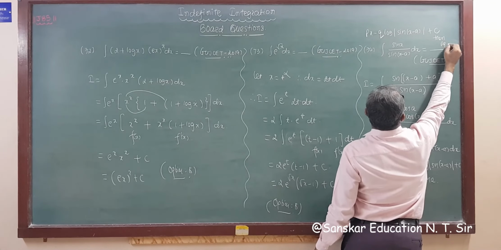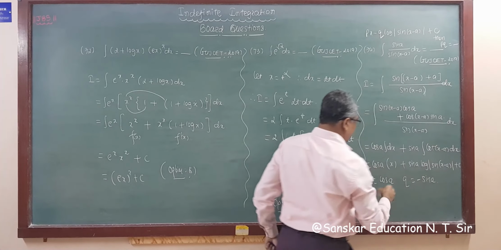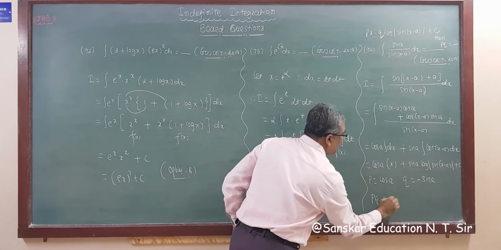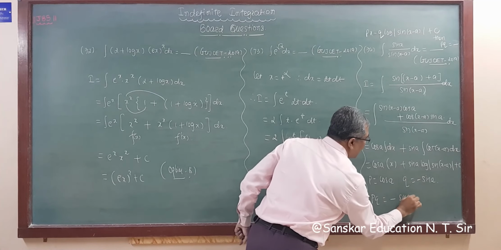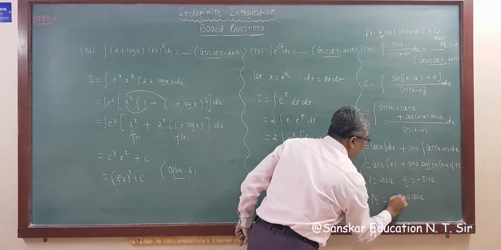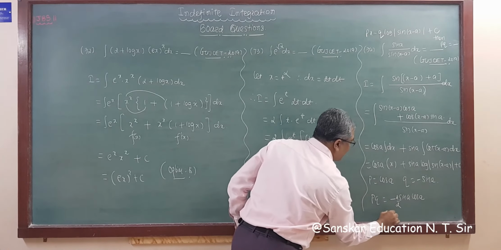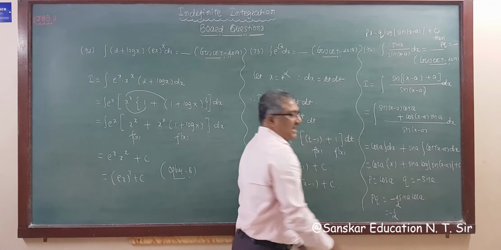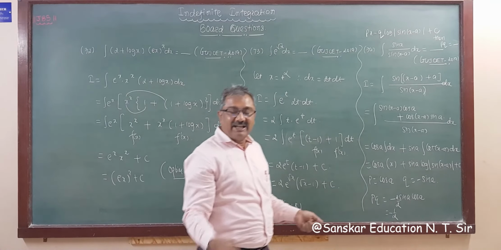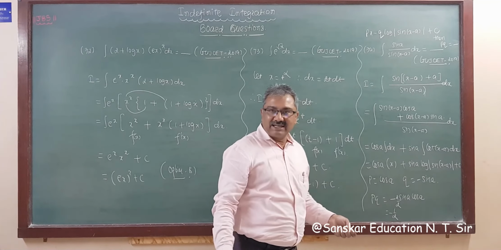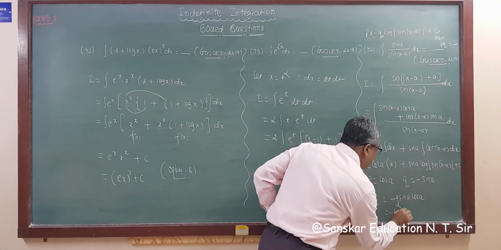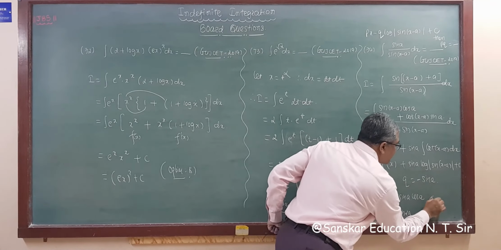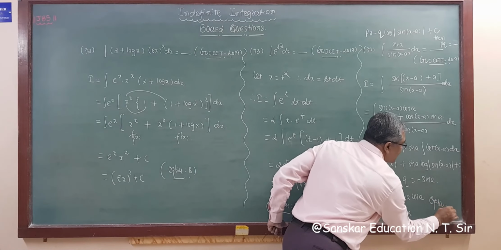This is your question. Multiplying this, pq is equal to minus sin a cos a. So divide and multiply by 2. What we get? Minus 1 upon 2 sin 2a. Again, option B is your correct answer, right?